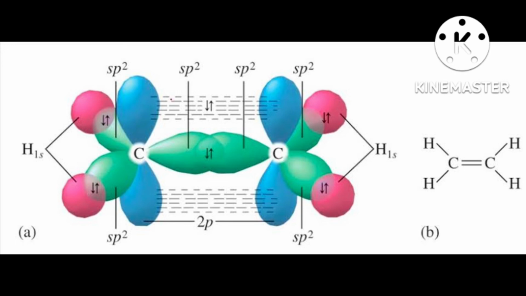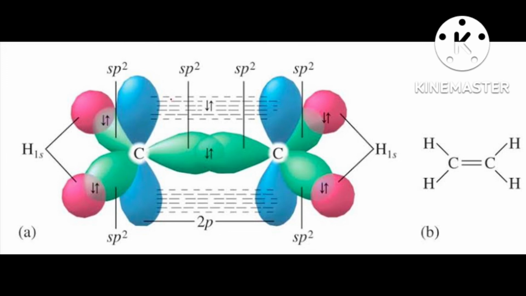Now listen. In the formation of a hydrogen molecule, there is a minimum energy state when two hydrogen atoms are so near that their atomic orbitals undergo partial interpenetration.